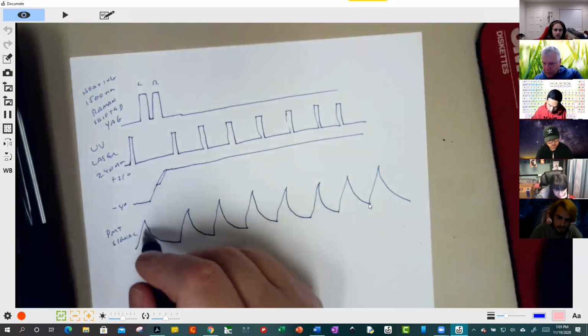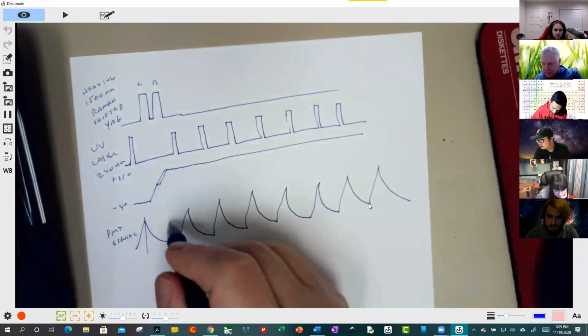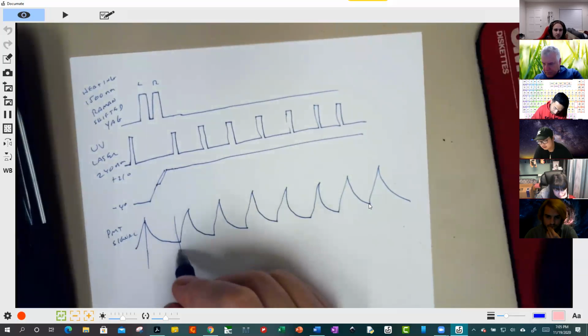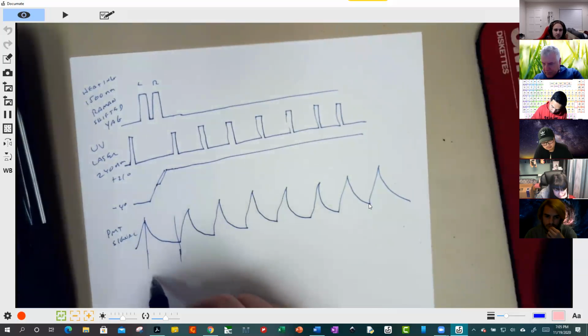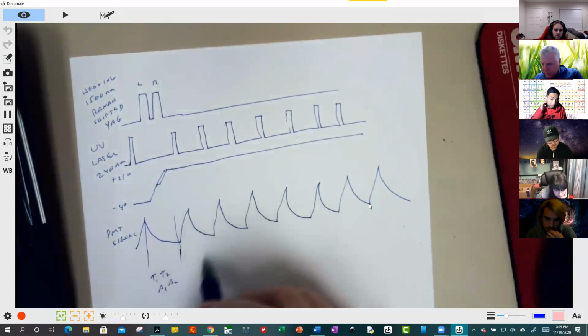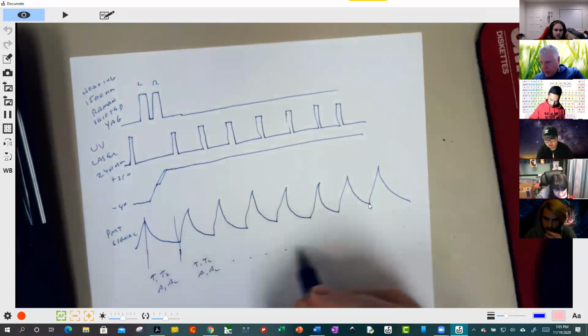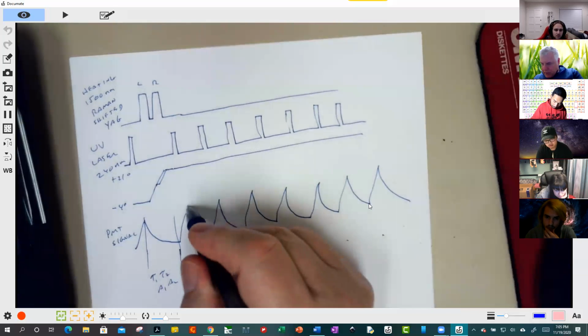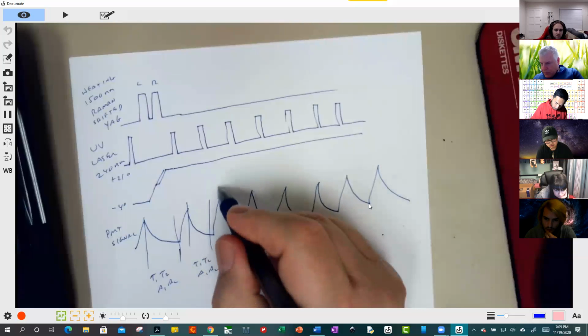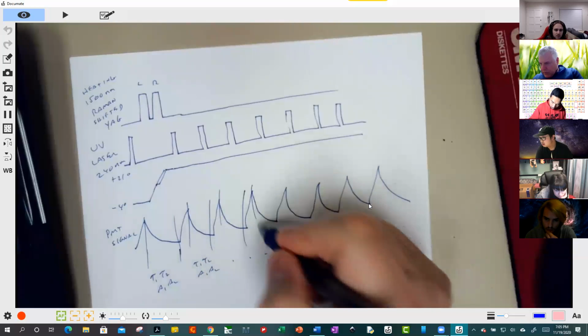And then what we're going to do is analyze tau 1, tau 2, A1 and A2, for each of these time windows, each of these decays.